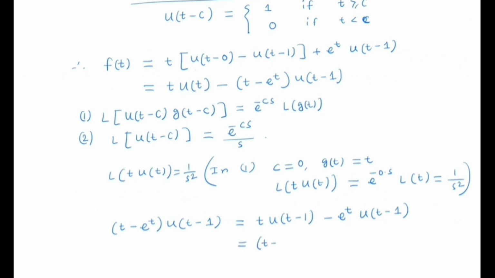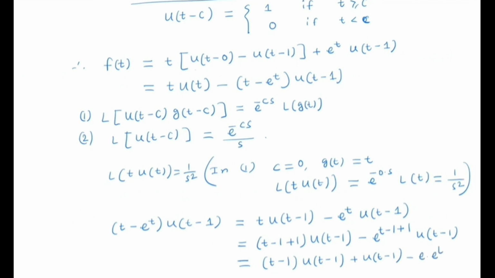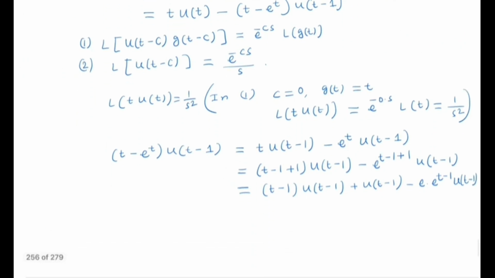So it will be (t minus 1 plus 1) into u(t minus 1) and e^(t minus 1 plus 1) u(t minus 1). So this will be (t minus 1) into u(t minus 1) plus u(t minus 1) minus e into e^(t minus 1) into u(t minus 1).